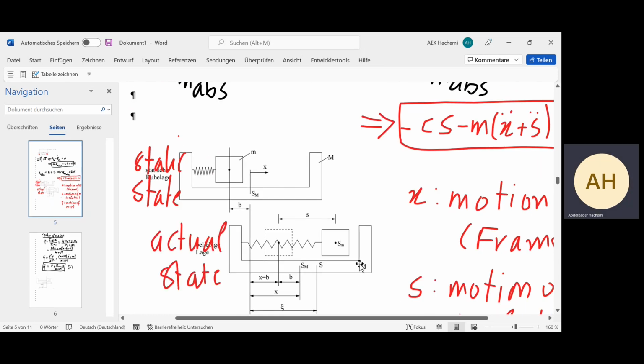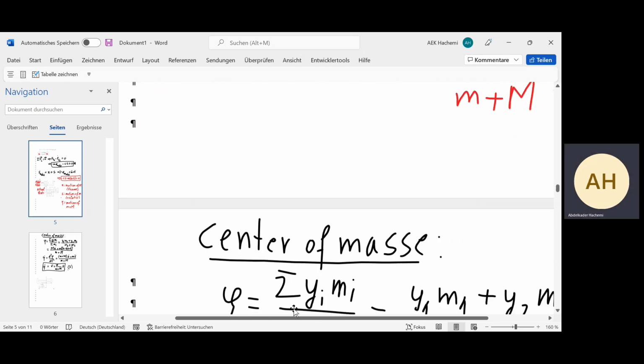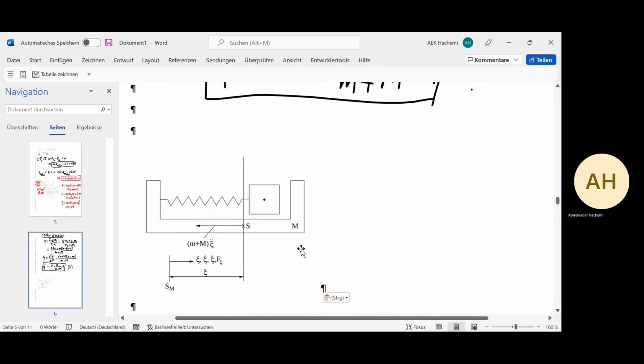Then here we have Sm, which is this distance here, the gravity center of the mass, capital letter M, or the wagon here, and this is now Xi. Now if we look here, we have only the mass capital letter M, the wagon, small m, and the spring.